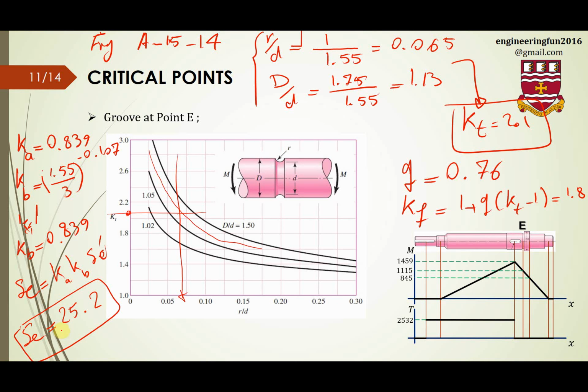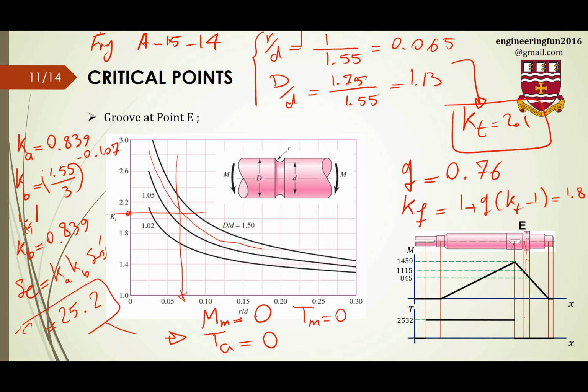Okay, and once we get that one, again we can use the same equation that we used in the previous step, and we can find A, we can find B. In this case, we're at point E, Mm is 0, and Ta is 0. This is what we discussed in the previous step, but at this point, as you see, we don't have any torque, any torsion at all. So Tm is also 0.